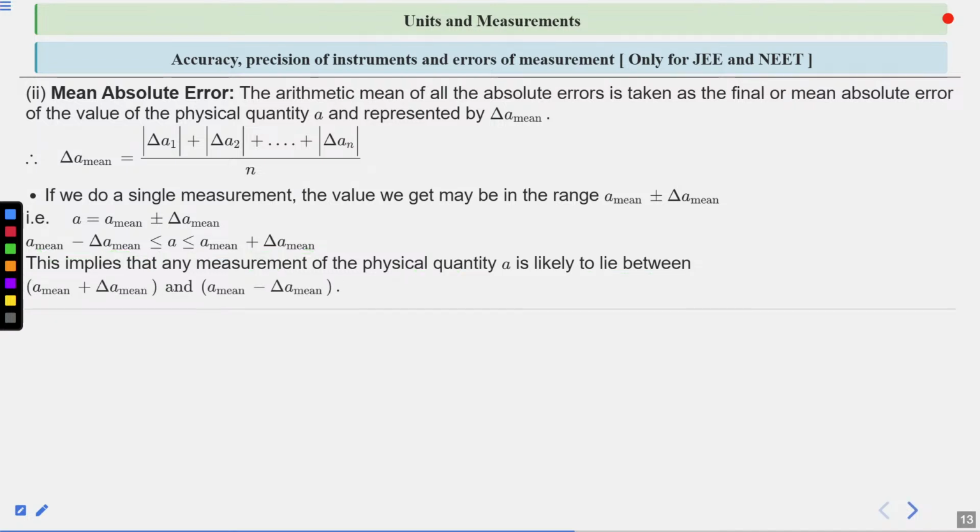This implies that any measurement of physical quantity A is likely to lie between A mean plus delta A mean, where delta A mean means the mean absolute error, and A mean minus delta A mean. Clear?